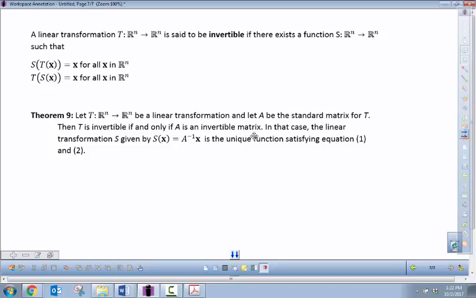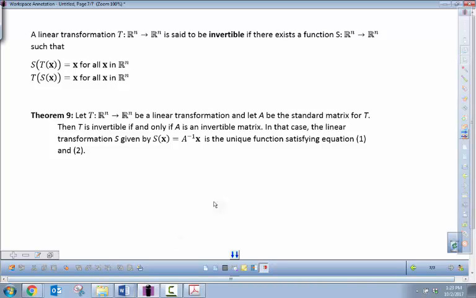So if you have a linear transformation that's invertible, this is saying the same thing with transformations and inverse matrices. It says that if you take the composition of S and T in either order, then you should get the original vector that you put in.